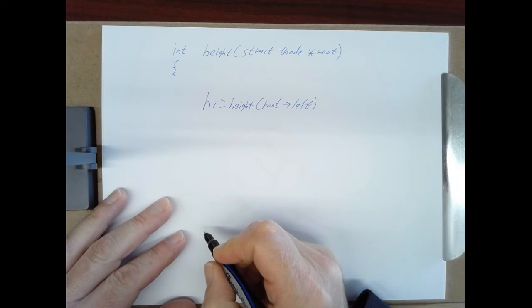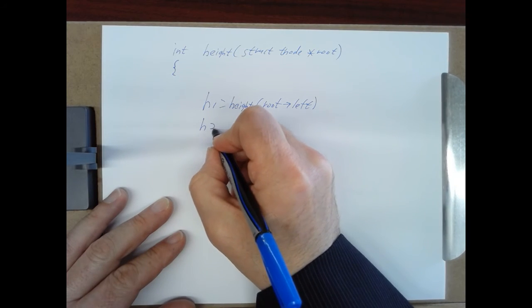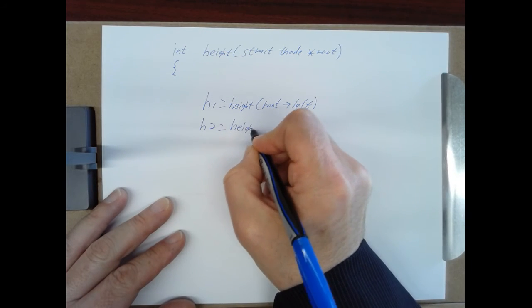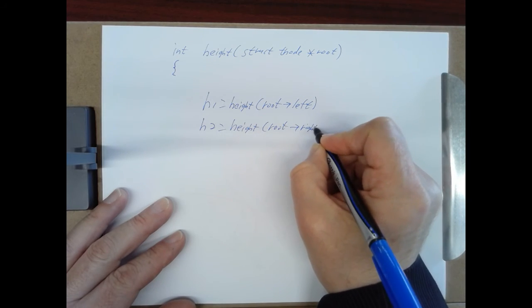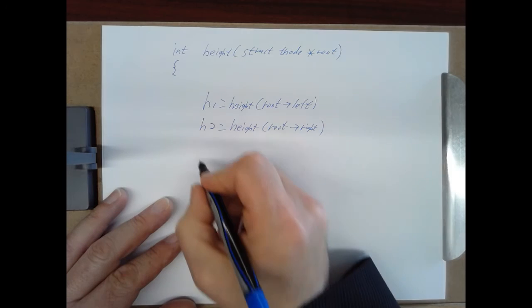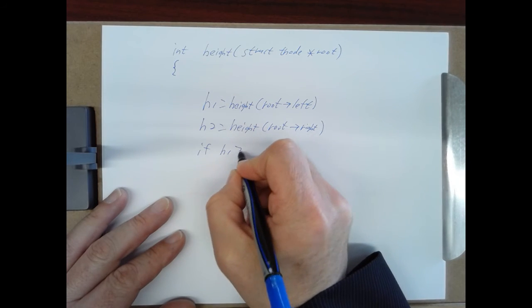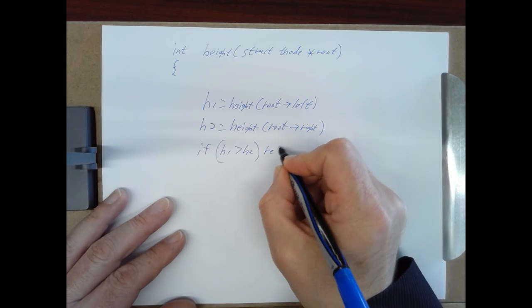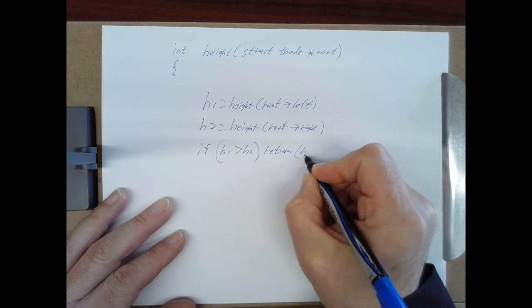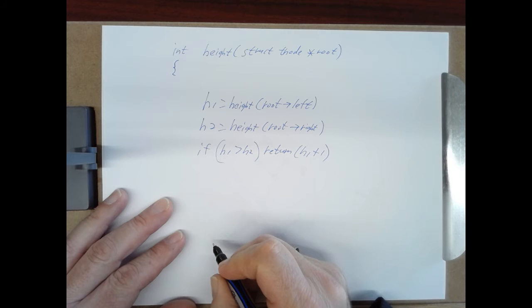Let h1 be the height of the left subtree. Let h2 be the height of the right subtree. If the left subtree is the one with the greater height, just return its height plus 1.